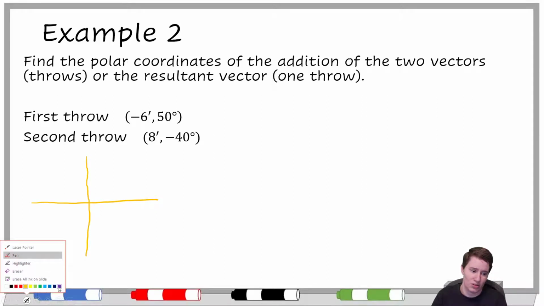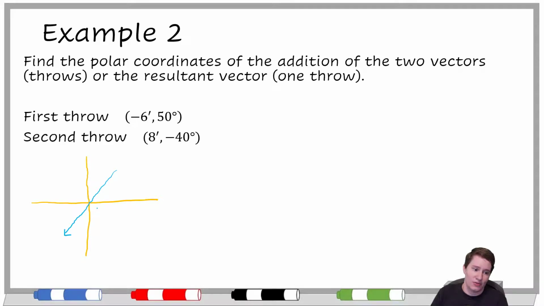I also want to show you there's a different way that we can draw these vectors. We don't have to do it where the second one starts at the end of the first one. There's another way we can do it. So if I say that 50 degrees is about here, then -6 is going to be this direction. So I could say it's something like this.